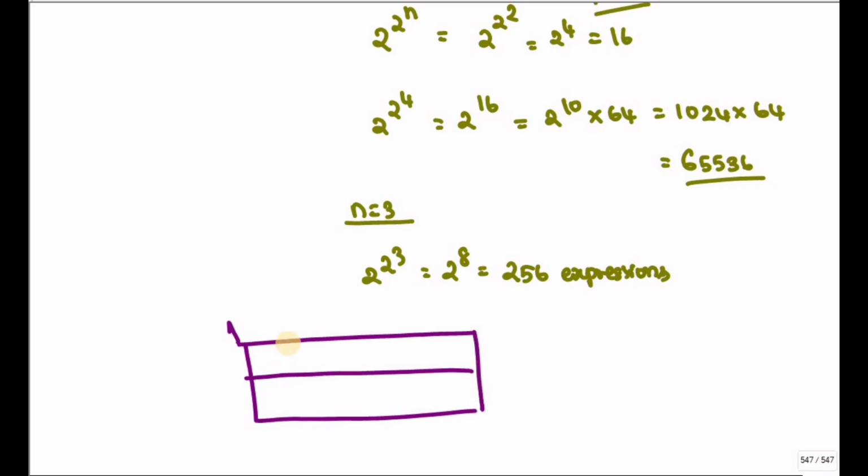For 3 variables, the K-map looks like this. You fill in these values and find the expression in a similar way.